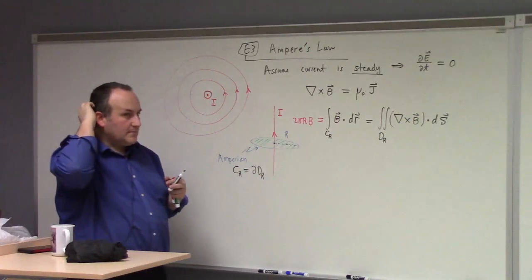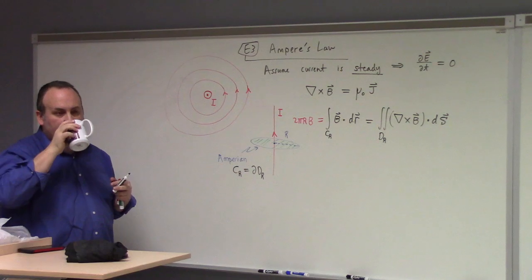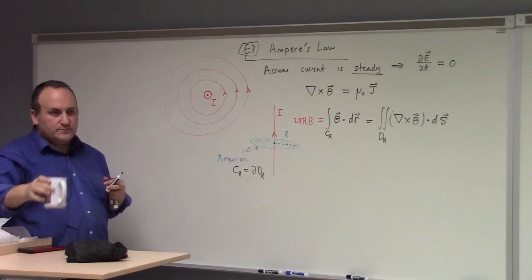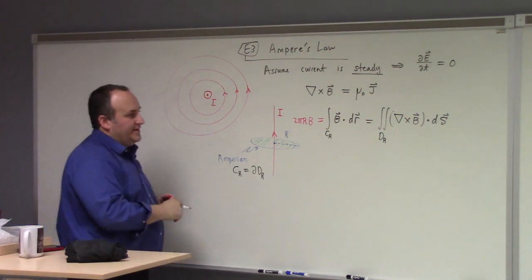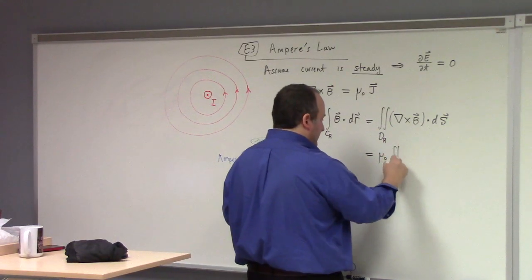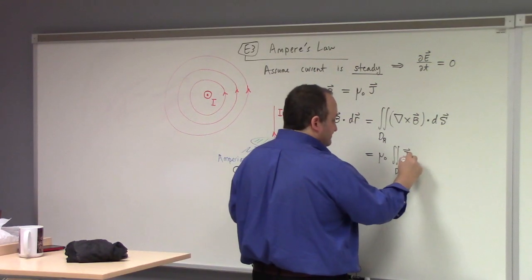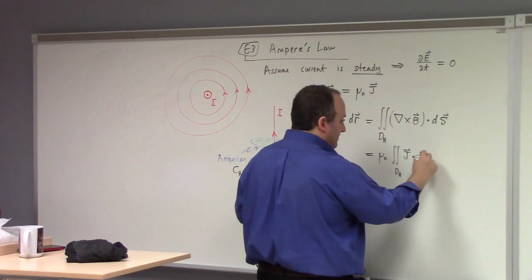And what can you tell me about that? Well, if you believe Ampere's law, we can pull the mu naught out. That's actually mu naught times the double integral over the disk of radius r of J dot dS. Well, dS rather, my notation here.